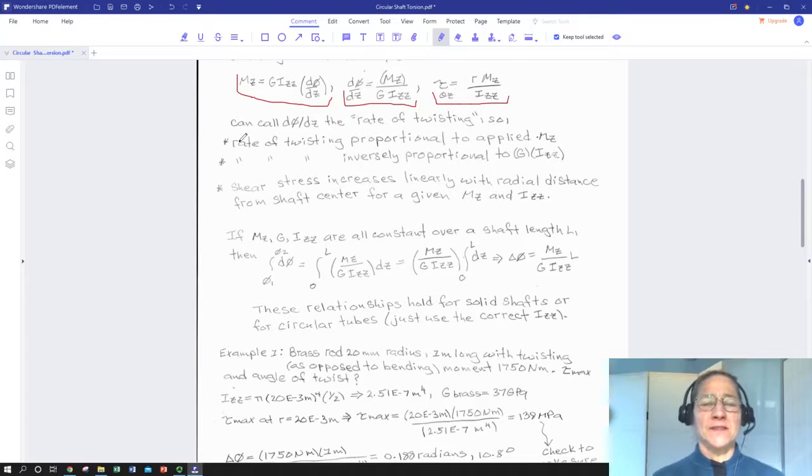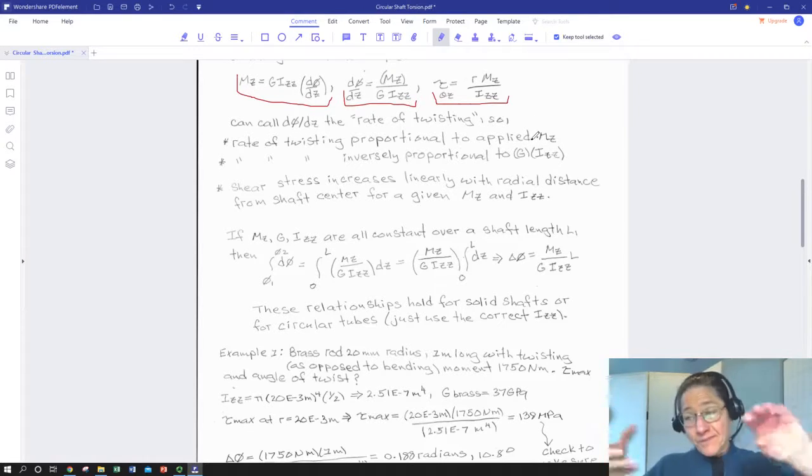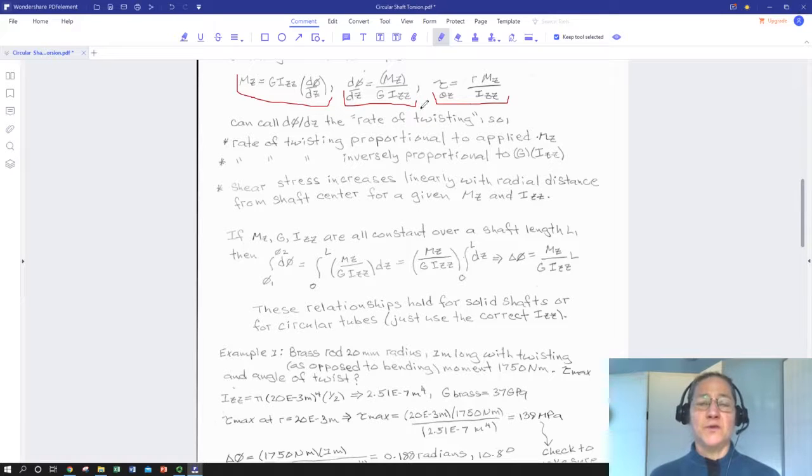So what that tells us is the rate of twisting, which is d phi dz, is proportional to applied moment. So directly proportional. The more I twist it, the more torque I apply, the bigger the twist angle per unit length. It's inversely proportional to both the modulus and the moment of inertia.